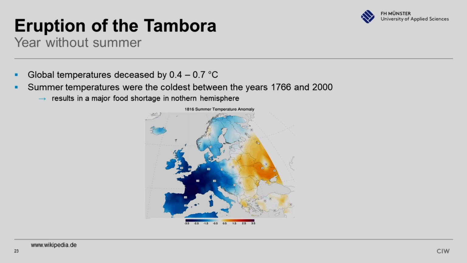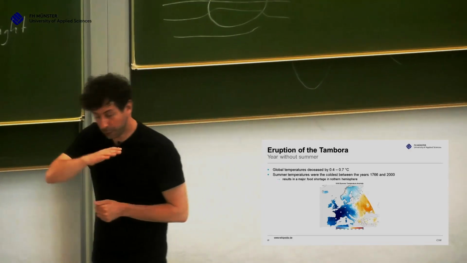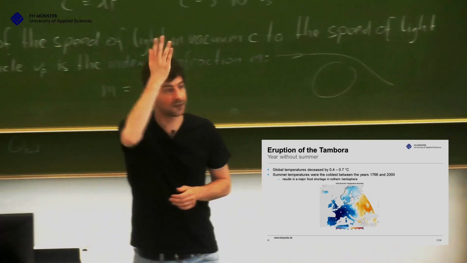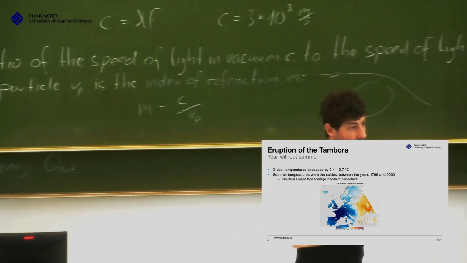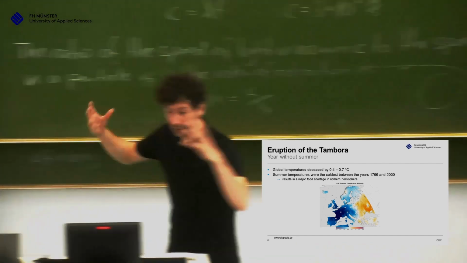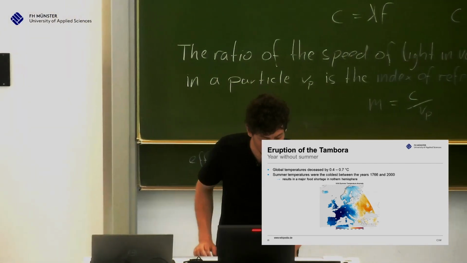So a volcano eruption at one point can lead to a year without summer. The summer temperatures were the coldest between the year 1766 and 2000. Only since 2000 do we really see the impact of climate change, and these numbers are going crazy. This was a remarkable impact of the aerosols just going into the atmosphere.